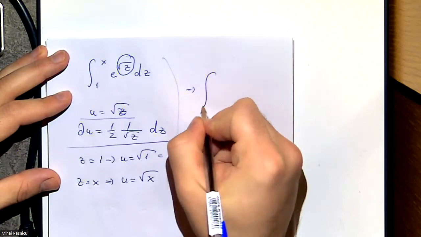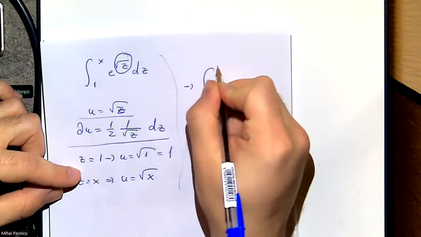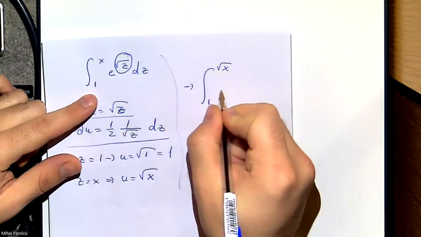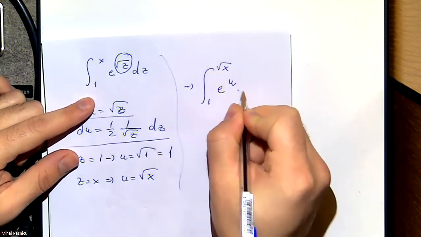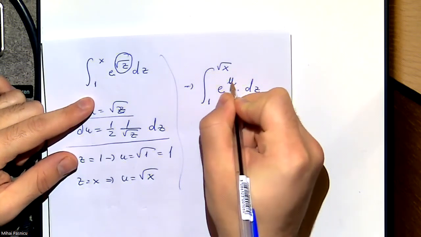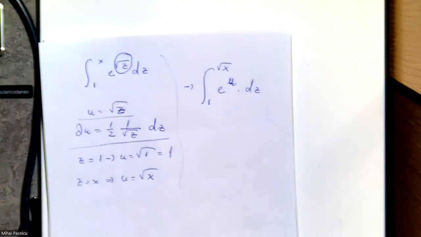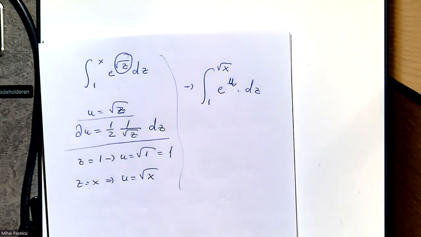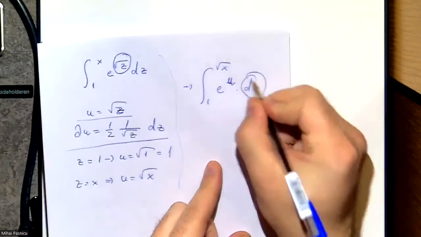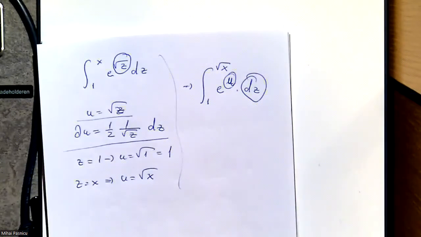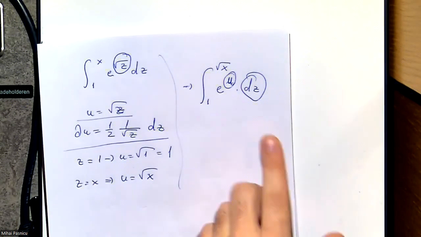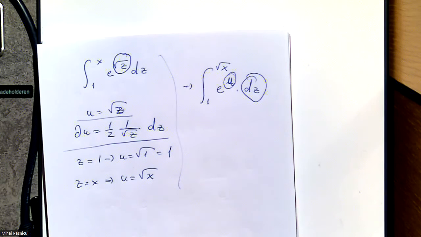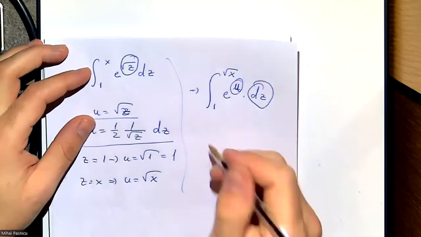This is equal to the integral from 1 to square root of x of e to the u dz. Great. We're almost there. What's the problem now? Remember, I want to have du here. I can't integrate apples over tomatoes. Think of it like that. It should make sense.